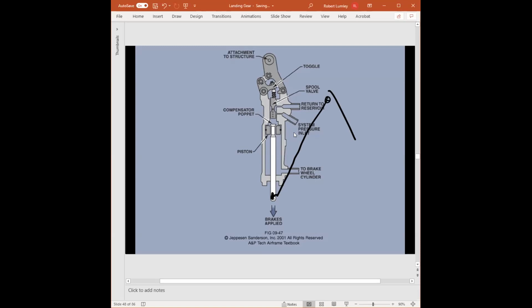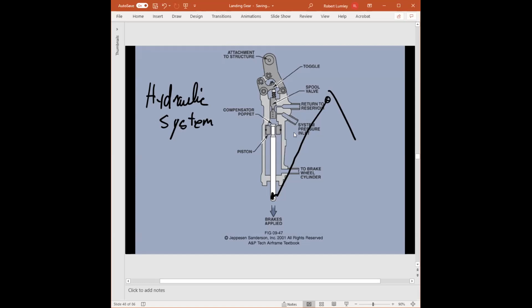An aircraft with a boosted brake system has to have a hydraulic system, meaning an independent aircraft hydraulic system that is pressurized by hydraulic pumps and stuff like that.